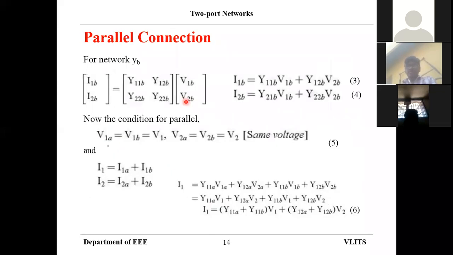Similarly, for the second network Yb, we can write I1b and I2b in terms of V1b and V2b. These are the current equations in terms of the voltages for the second network.